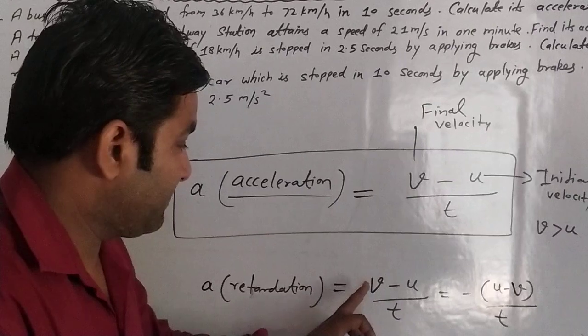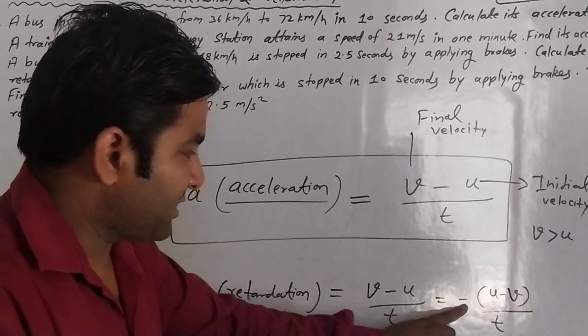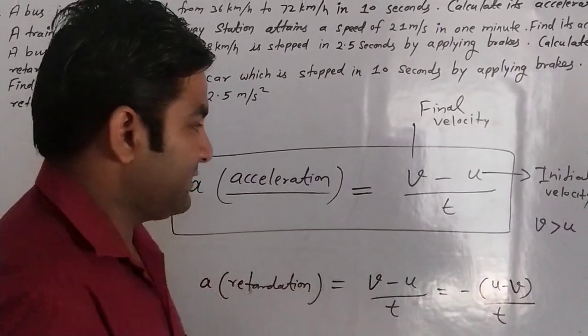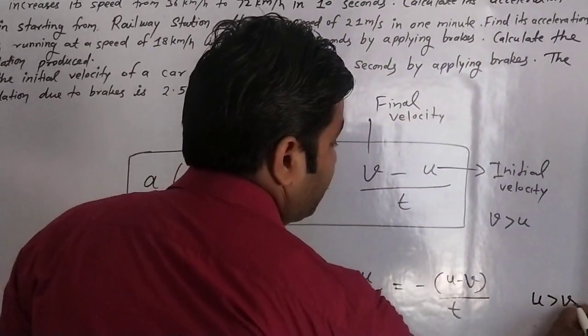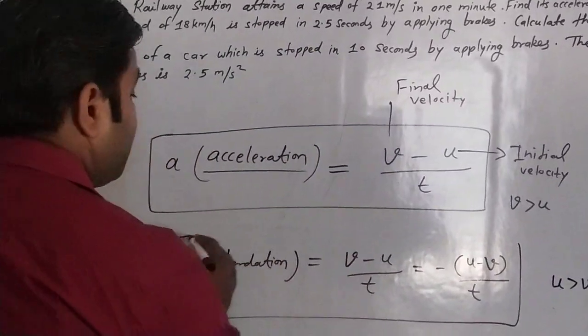That is the concept of final minus initial. Whenever minus is common, then greater value minus smaller value. Here in this case u is greater than v. This is the case for retardation.